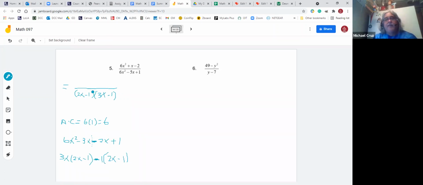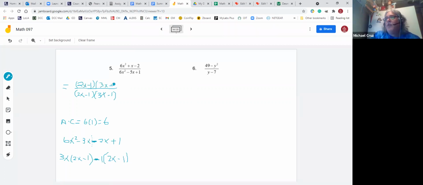And like I said, you're always free to go ahead and factor it the long way if you can't see it. Yeah, this is the one that's up there. It's 2x minus 1 and then 3x plus 2.